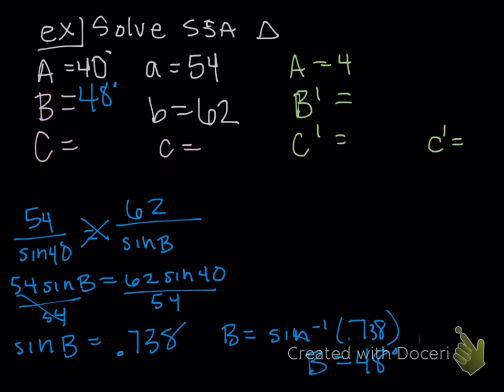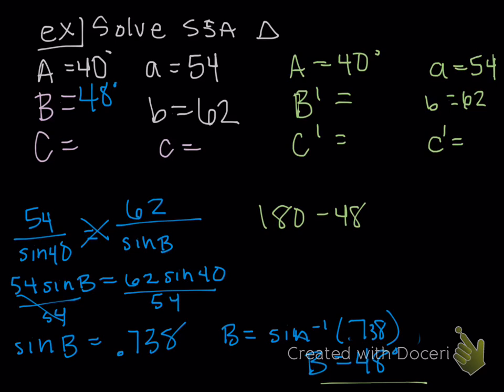What stays the same is that A is 40 degrees, little a is still 54, and little b is still 62. So whatever angle I find first, which is 48, I would do 180 minus this 48, which is 132.